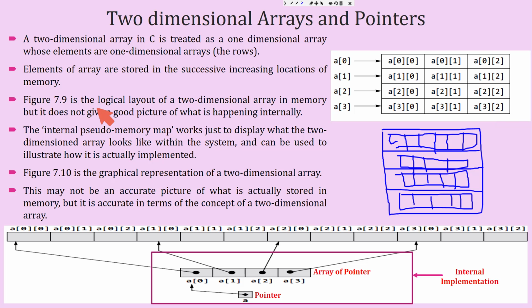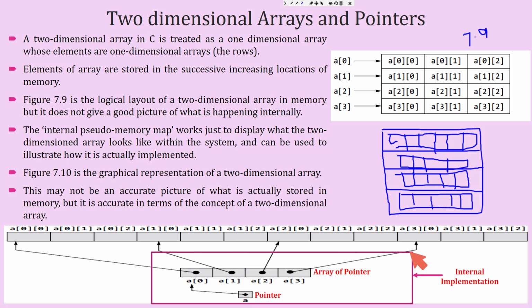Figure 7.9 is the logical layout of a two-dimensional array in memory, but it does not give a good picture of what is happening internally. This is actually 7.9. The internal pseudo memory map works just to display what the two-dimensional array looks like within the system, and can be used to illustrate how it is actually implemented.